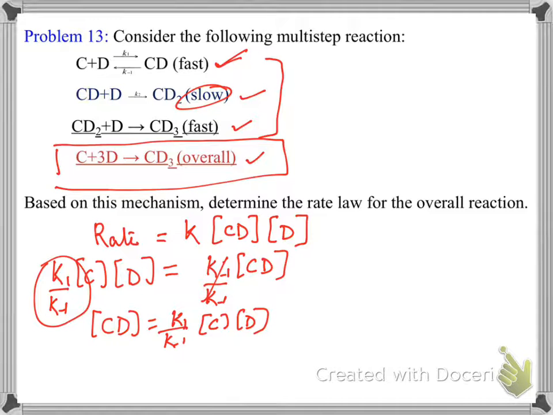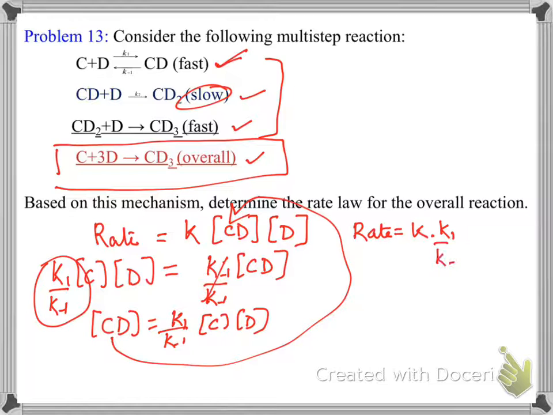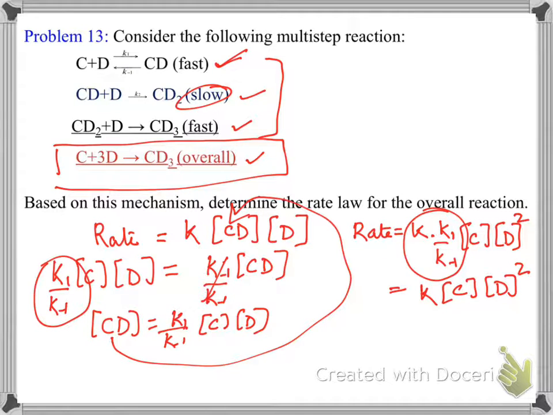I can plug this value here, and then what will be my rate? k times, instead of [CD] I'm writing all this, [C], [D], and there is another [D], and that makes it this. So my rate will be, all constants can be replaced with another constant. So for this reaction, the rate will be this.